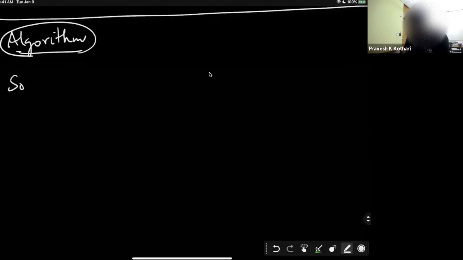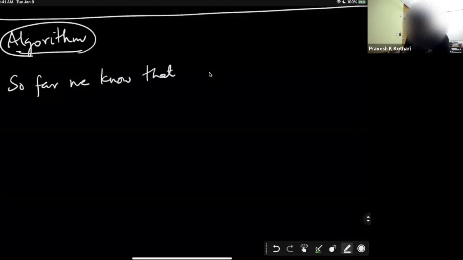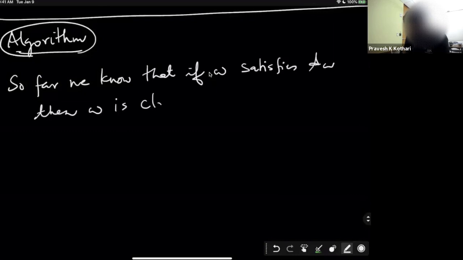So, what have we done so far? Maybe it's good to clarify. So far, we know that if W satisfies AW, then in fact W is close to a true cluster. Right? That's what our soundness implies.